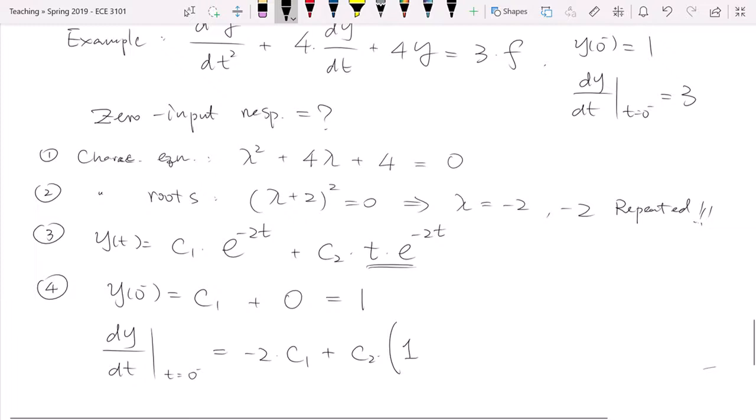It will be 1 times e to the negative 2t, that's when you take the derivative with respect to the first term, plus t times negative 2 e to the negative 2t. So the second term is when I take the derivative with respect to t on the second term, e to the negative 2t. And this will be evaluated at 0.